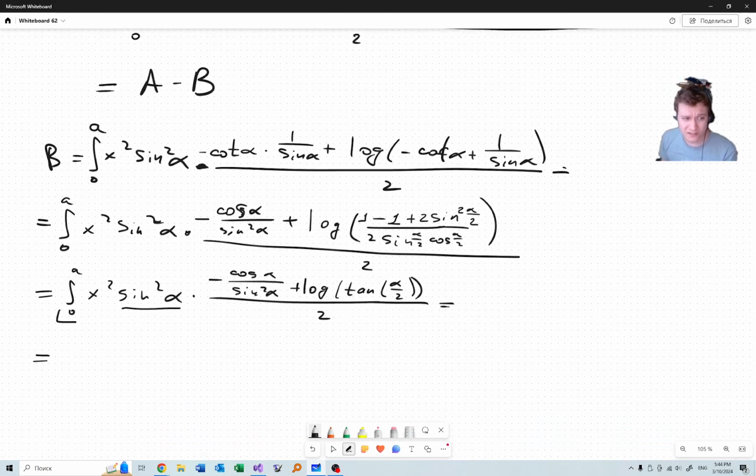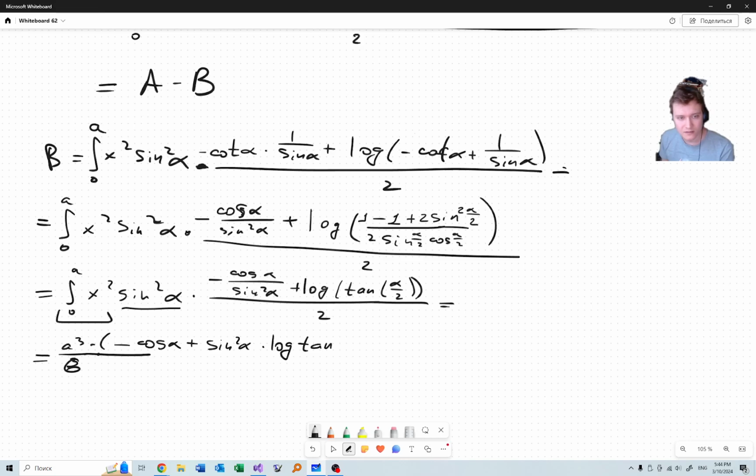Okay, now let's also calculate this because I'm tired. So this is x cubed over 3 times, actually over 6. Now we have something here, times minus cosine alpha plus sine squared alpha times logarithm of tangent of alpha over 2.